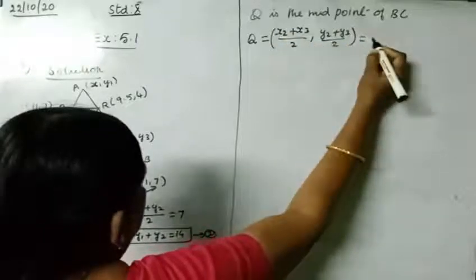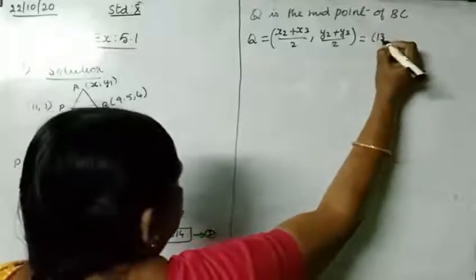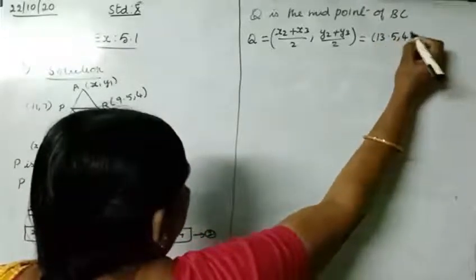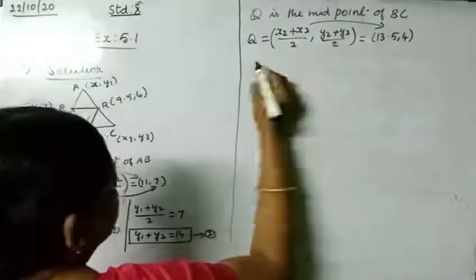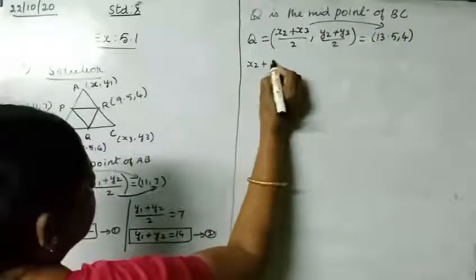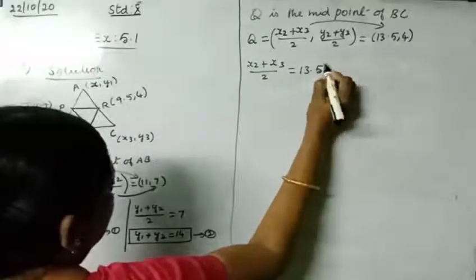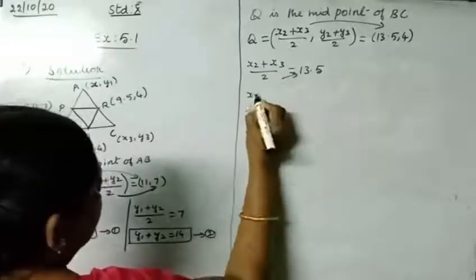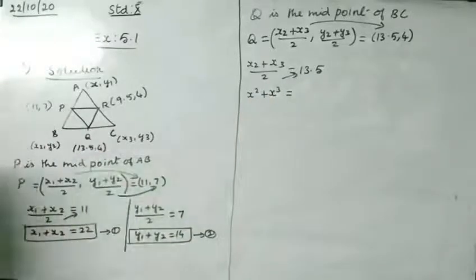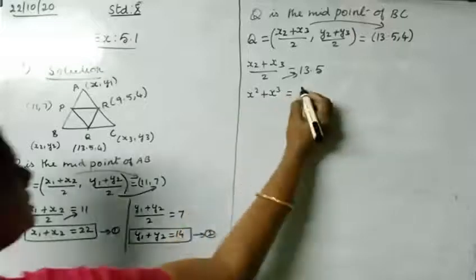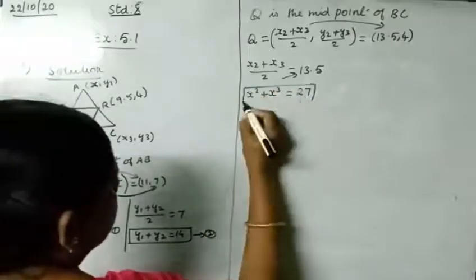And the coordinate of Q is (13.5, 4). Now equating the coordinates. So x2 plus x3 divided by 2 is equal to 13.5. Cross multiply, we are getting x2 plus x3 is equal to 13.5 into 2, which is 27. So this is equation number 3.